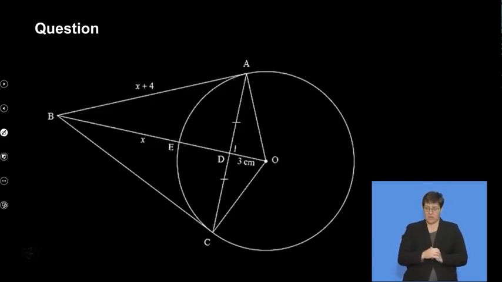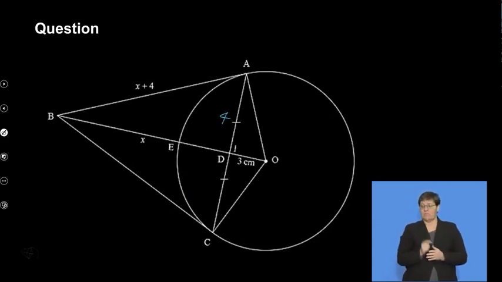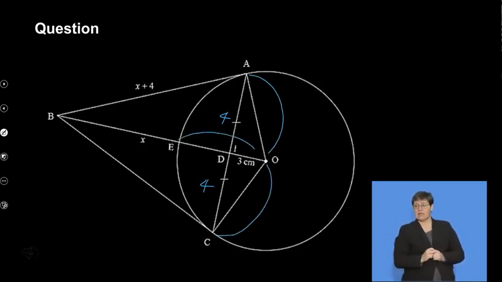Now on the diagram, to apply this, I'm firstly going to go straight to AD and say that is 4 centimeters and that is 4 centimeters. And then you know that OA and OC and EO are all the radii of the circle. They are all going to be equal to each other.